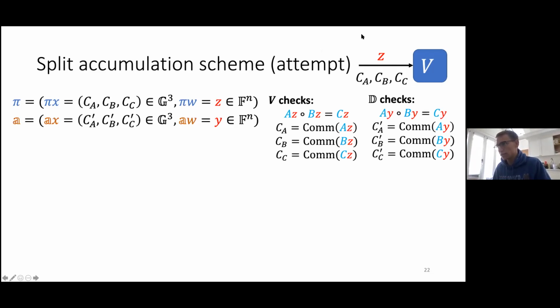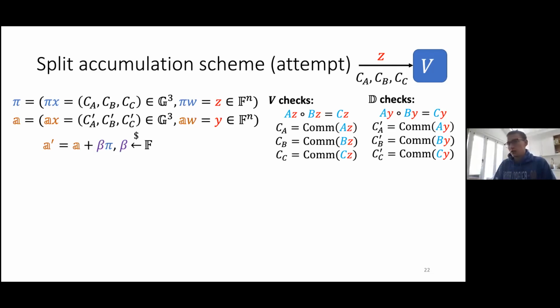So it checks that AY circ BY is equal to CY, and that the commitments are all correct. So now we're going to try to accumulate basically these 2 things. What we want is to take these 2 things, and ideally at the end have a new accumulator, A prime, which has the same form as A, and we'll have a simple protocol for accumulating it.